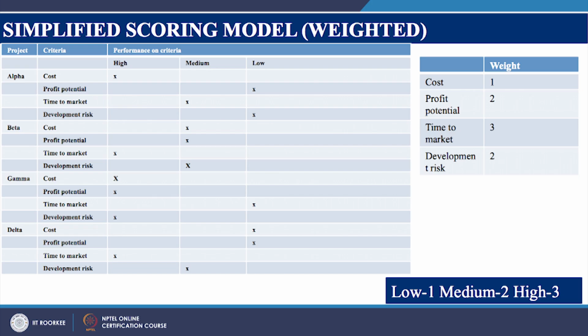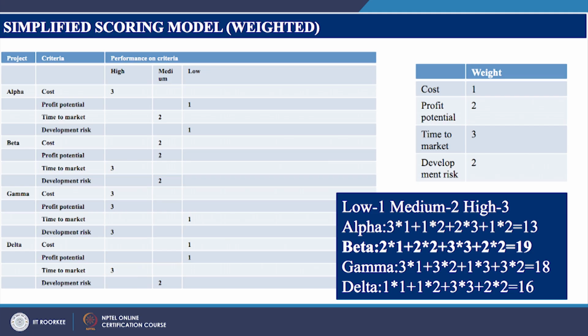So, 1 into 2 plus time to market, this is medium, right, means 2 into 3, 6 plus development risk is low, means 1 and weightage is 2. So, just add all these things, you will get a number for this. Similarly, for beta, for gamma and for delta, and the answer is beta.